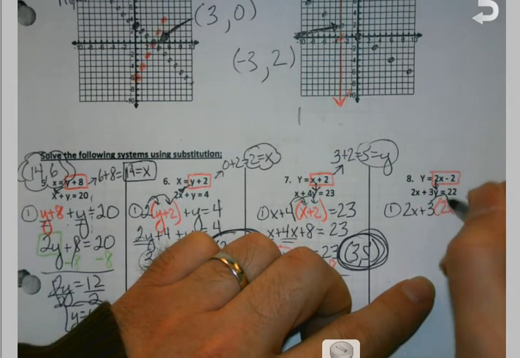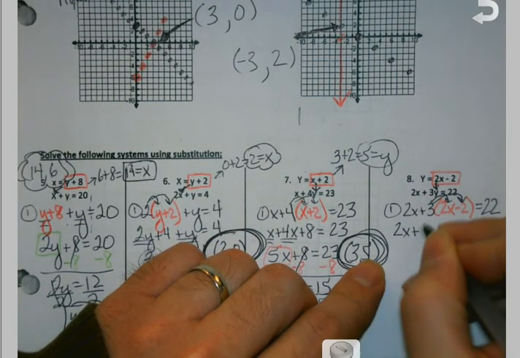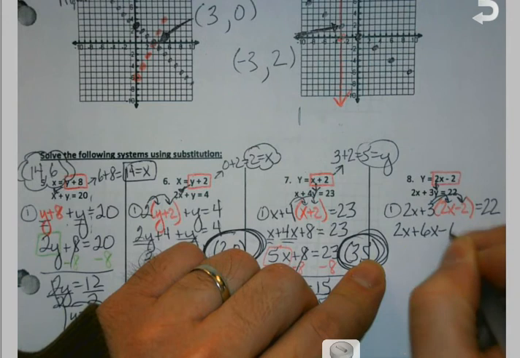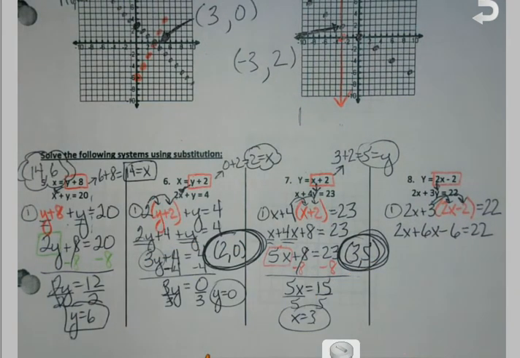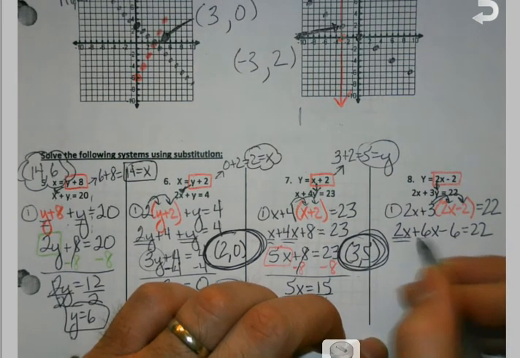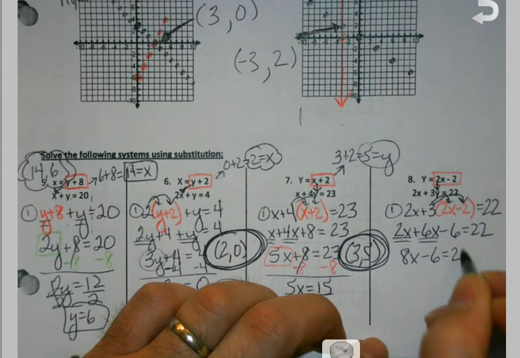Again, whenever we see the parentheses, my first job is going to be to distribute, multiply that 3 right on through. Combine my like terms that are on the same side of the equals.